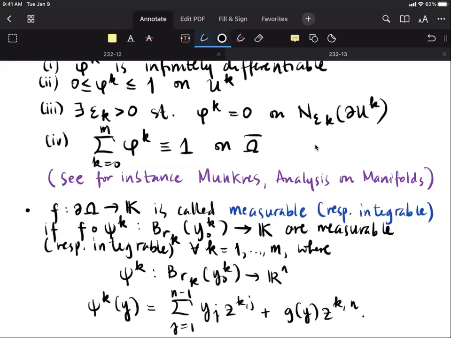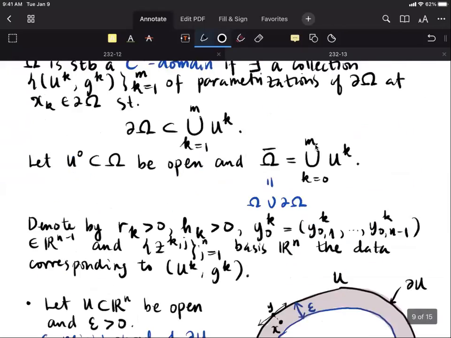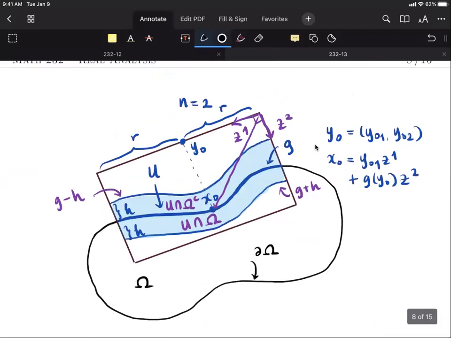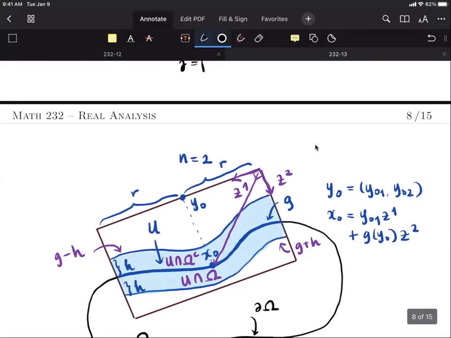So to illustrate this ball here, going back to our previous figure, this would be the ball centered at y naught with radius r.